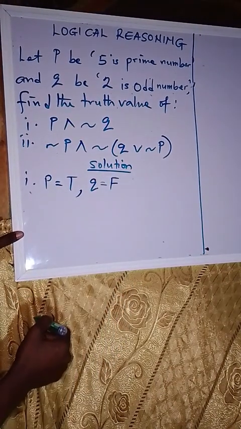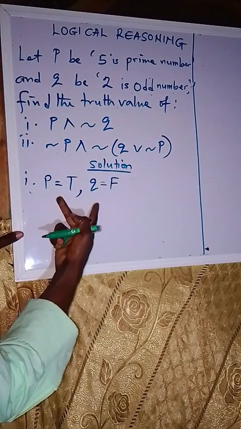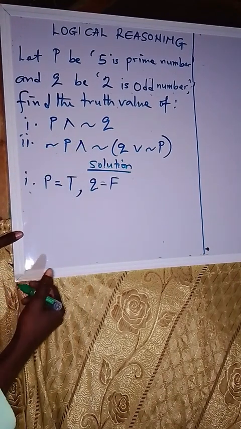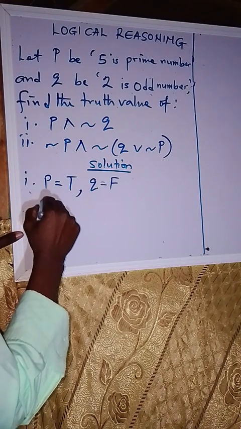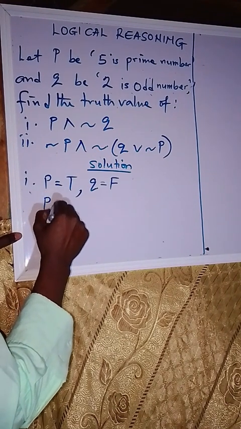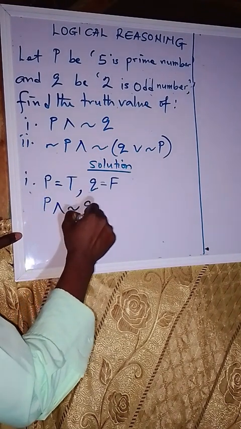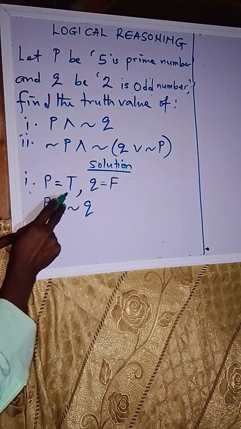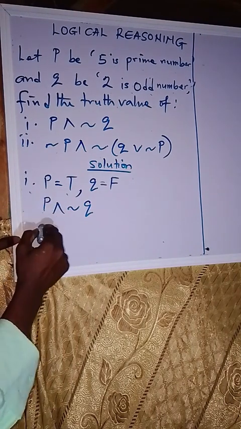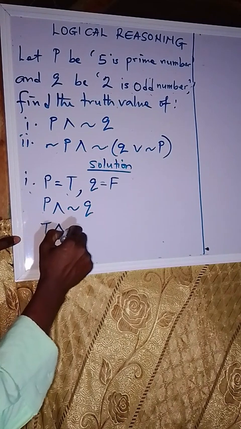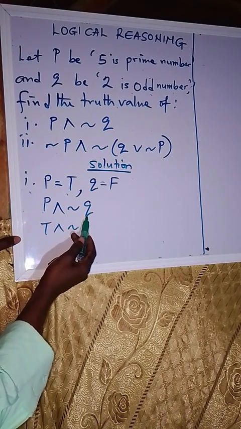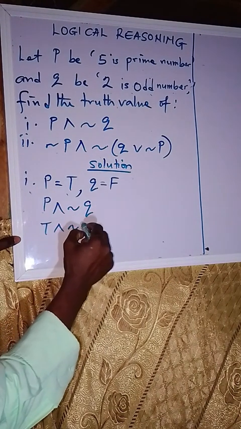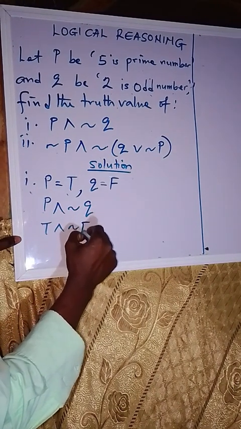That's false. Now from here, you can substitute inside this proposition. So we have P and negation of Q. P has a truth value of true. So we have true and the negation of Q. Q is false.